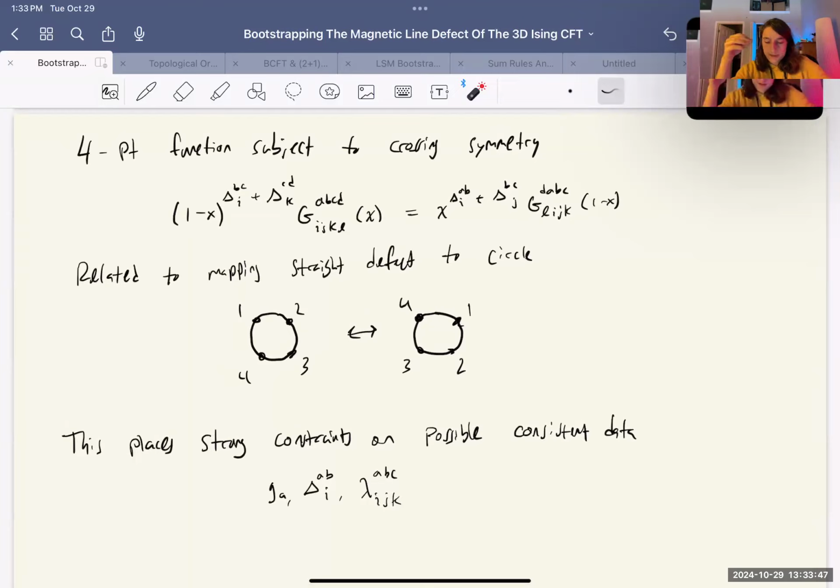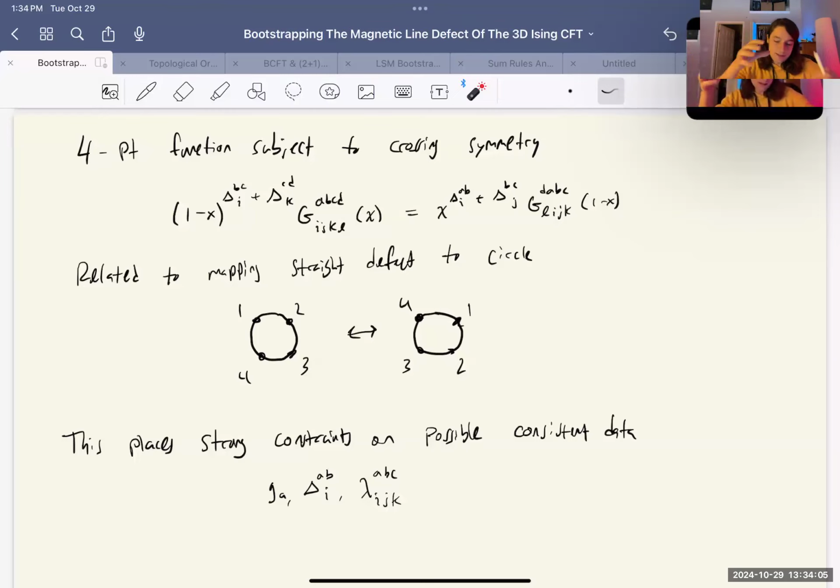The subtlety is really related to the choice of whether you want to allow special conformal transformations to be a good symmetry or not. So I'm going to say that special conformal transformations are a symmetry.